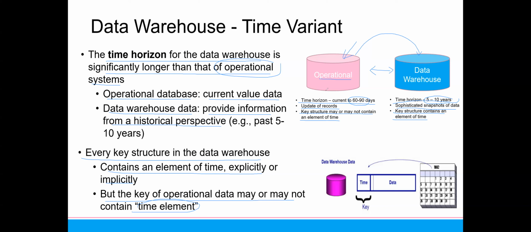The time element may be the transaction time, when the transaction happened. So it can have the time element, and usually the data warehouse data contains this time. We call this time the key, the key to represent the time, and this is the data. It will be easier for the analyst to design the decision support.